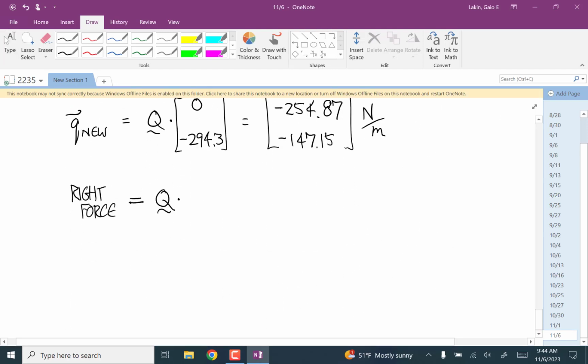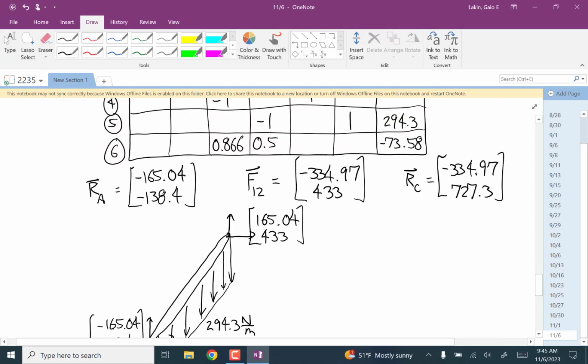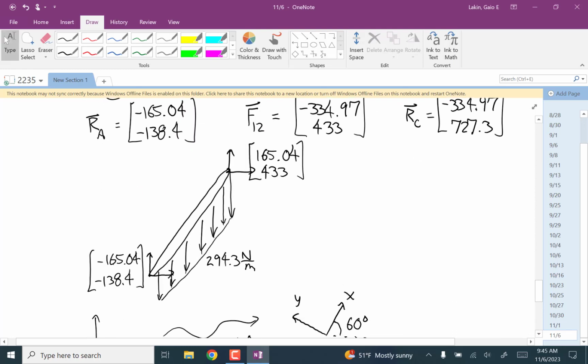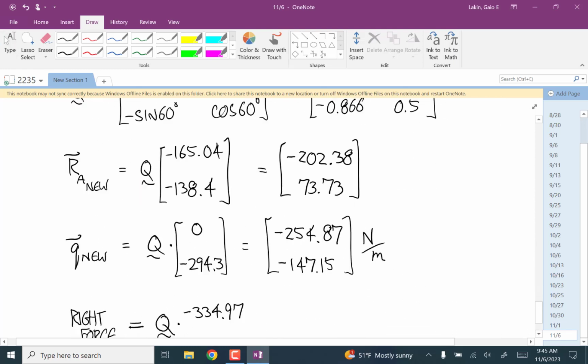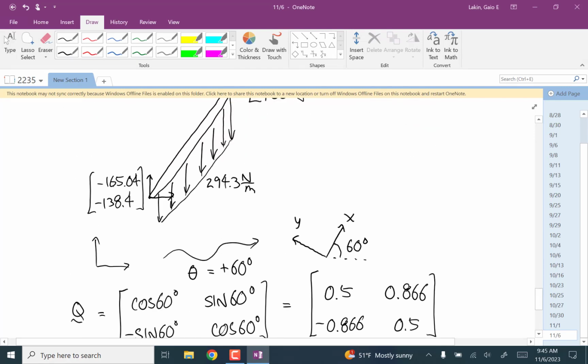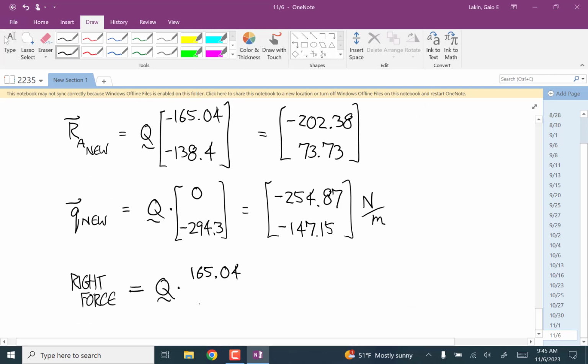Negative 334.97. Do we want to use the one off the free body diagram that has the 500? Yes, we do. 165.04, 433. Yes, thank you.